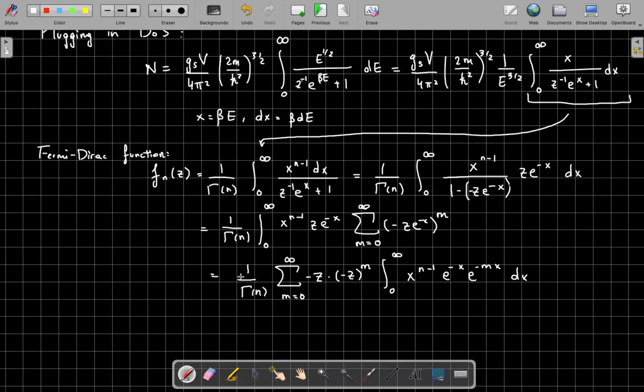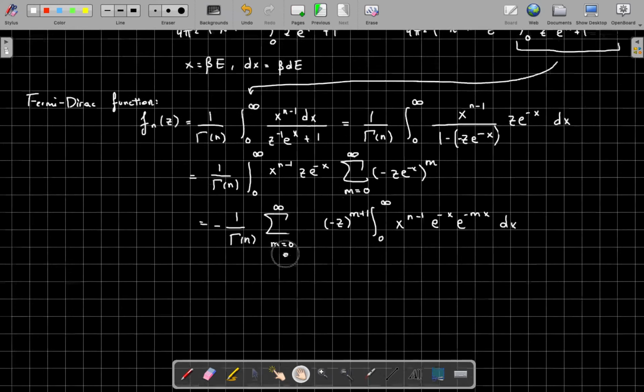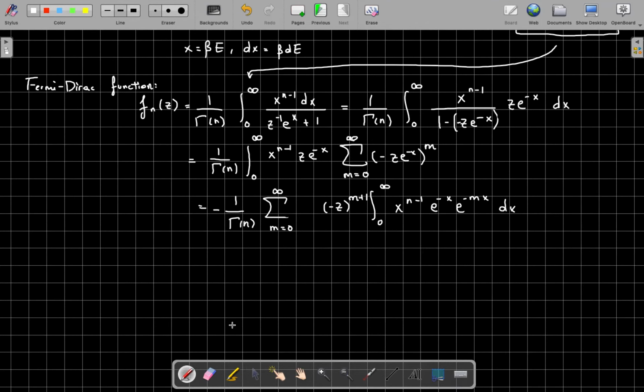Now this can become a minus, and I put a minus here, and this becomes minus z to the m plus 1. Fairly simple algebra for now. Now this again can become e to the minus m plus 1 x, right?